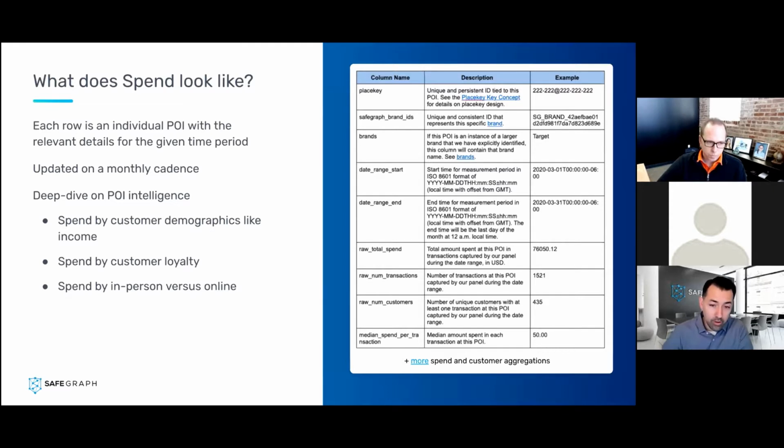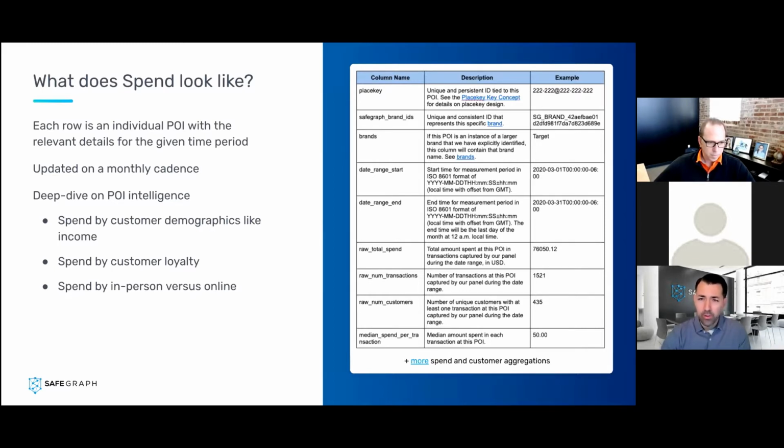But what you're looking at here on the slide on the right-hand side is just a snippet of some of the fields. You can see we include the raw totals for the amount of spend that we're seeing, the number of transactions, the number of unique customers. But we also go on to provide median transaction size broken up a few different ways. We bucket spending by income, customer frequency, day of the week, even online versus in-store.